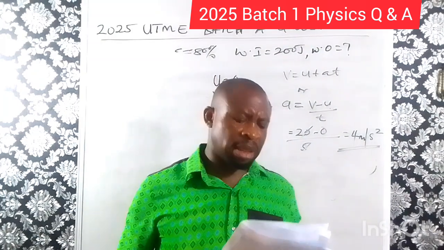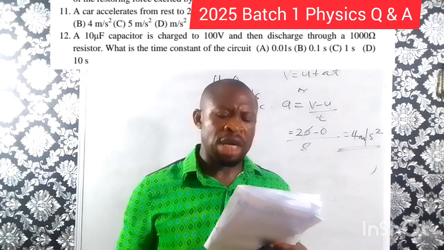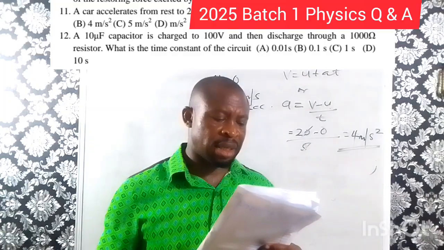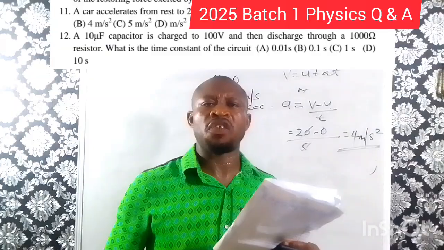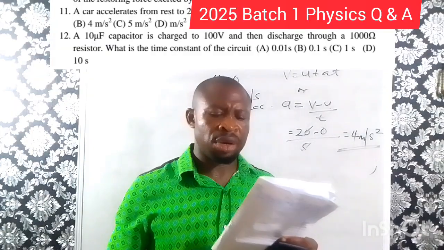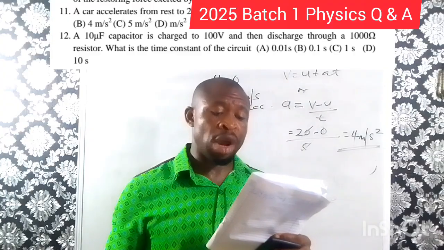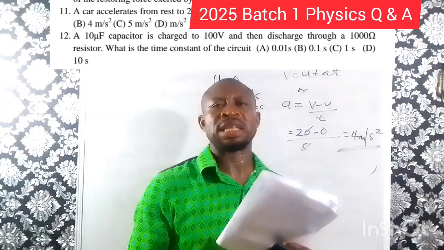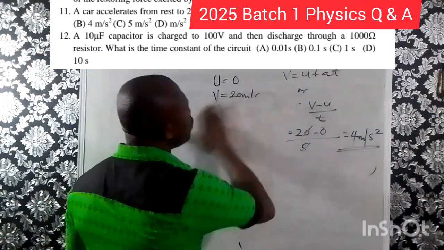Now, we take another question. This one says, a 10 microfarad capacitor is charged to 100 volts and then discharged through a 1000 ohm resistor. What is the time constant of the circuit?